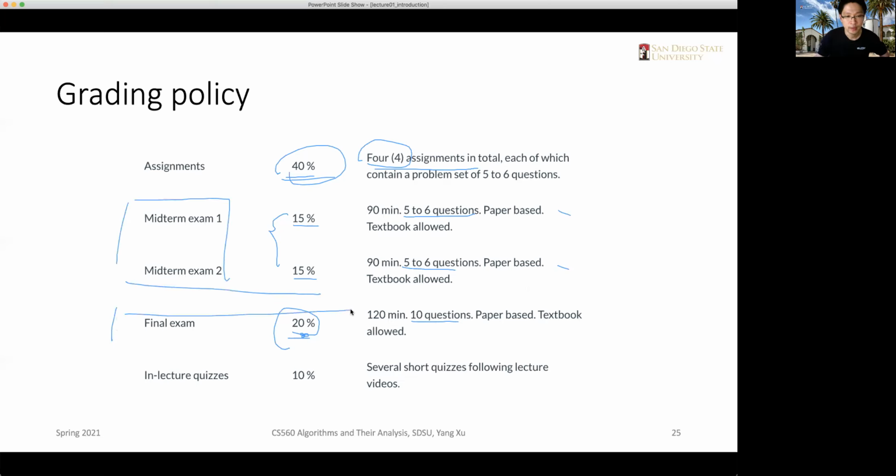The coverage of the final exam is not the whole course, but we basically cover the whole course contents incrementally. Maybe the first midterm exam covers the first 1/3 or less, the second midterm covers the middle 1/3, and the final exam covers the remaining parts. So there's no overlap between those exams.